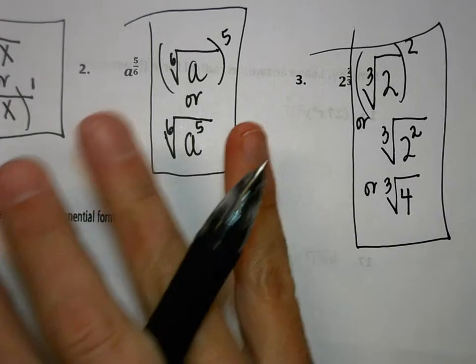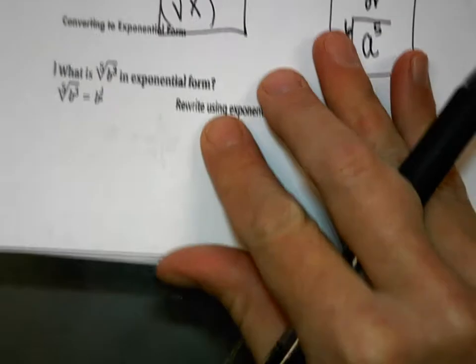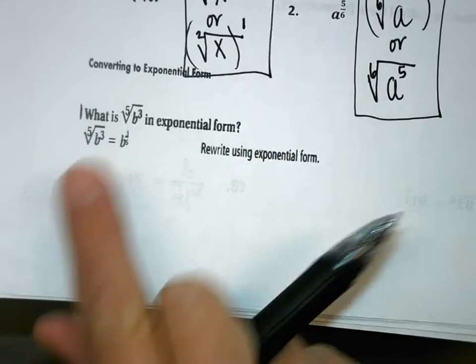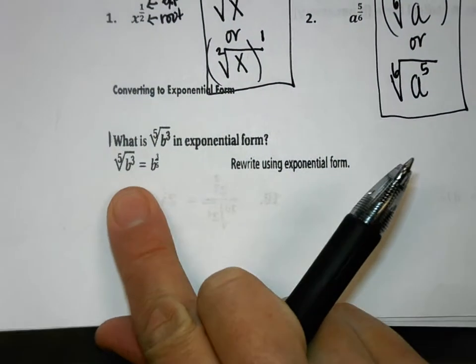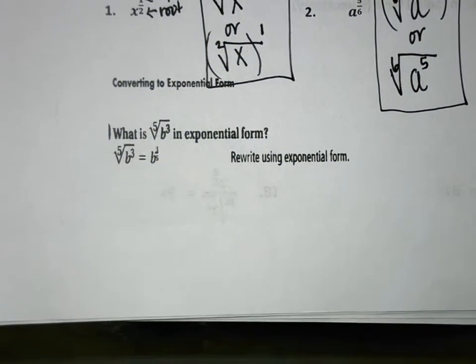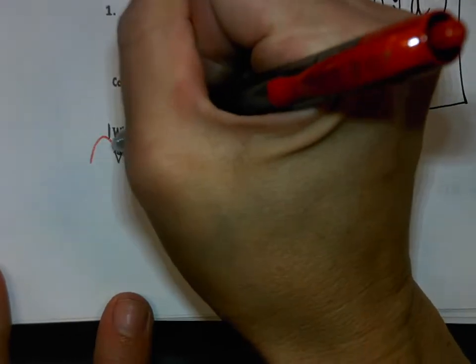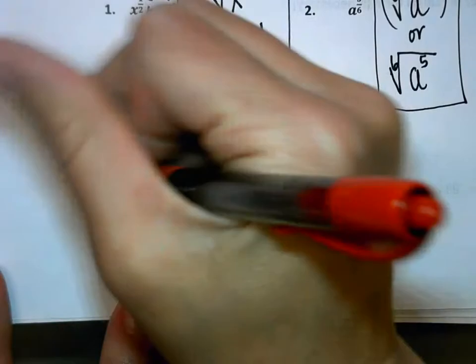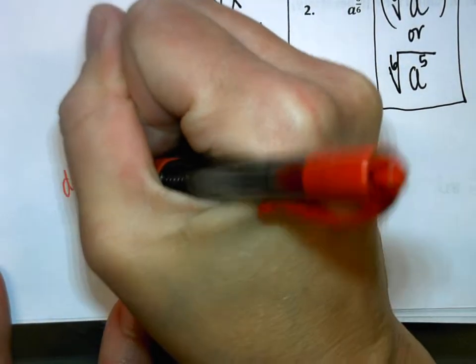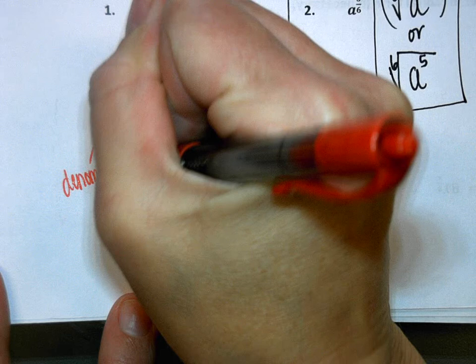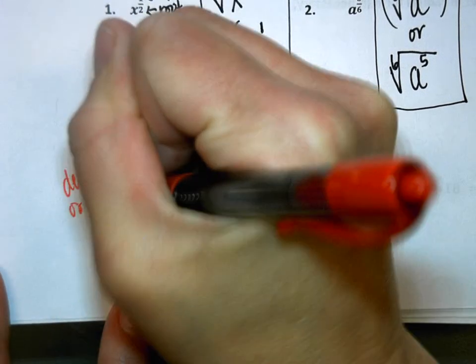All right. So this next part is just showing you that if you have a problem written in root form, you can change it to exponent form. Again, this number right here is the number that is always in the denominator, or bottom.